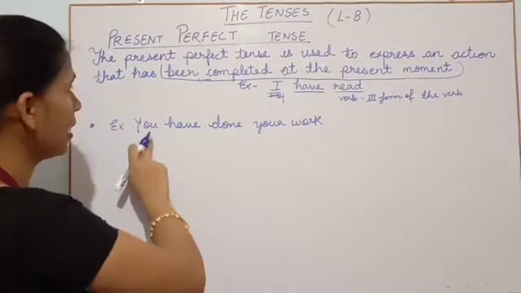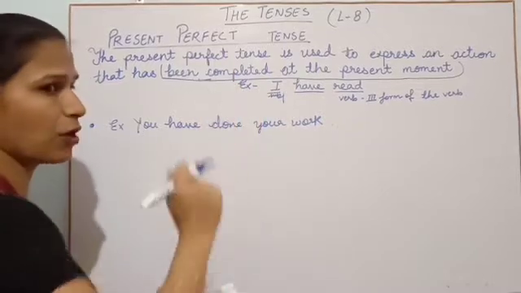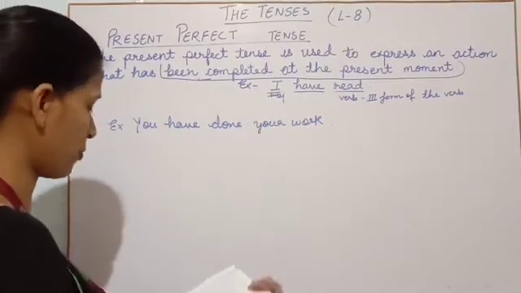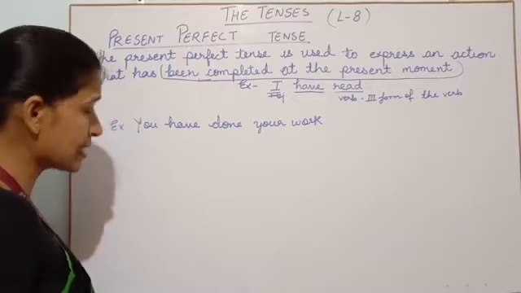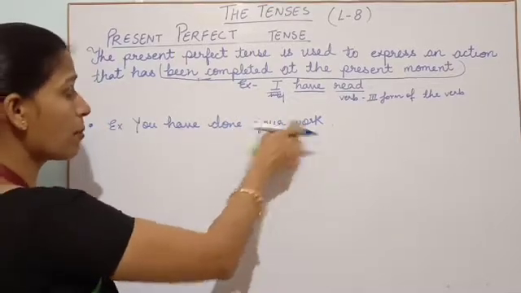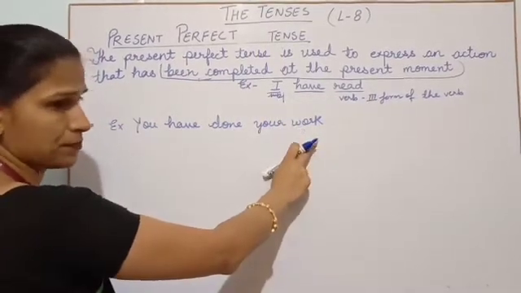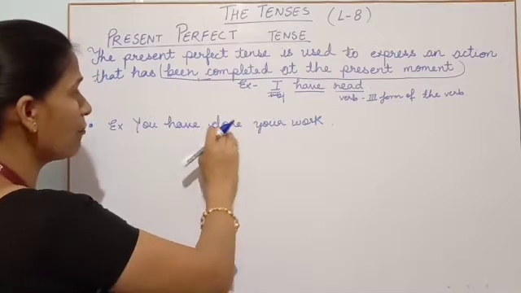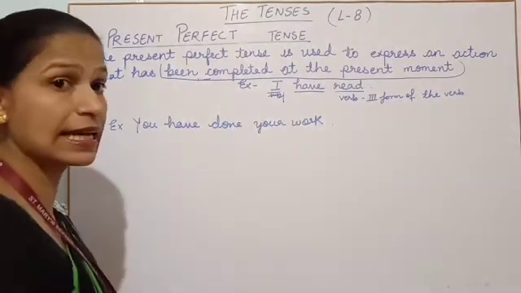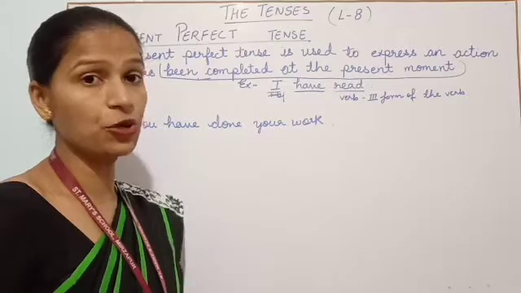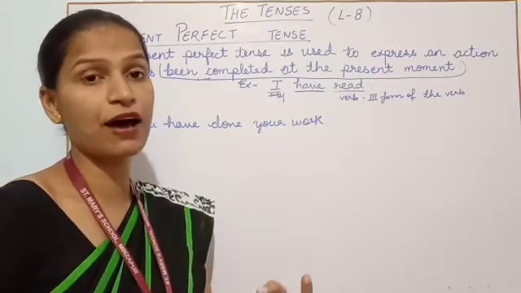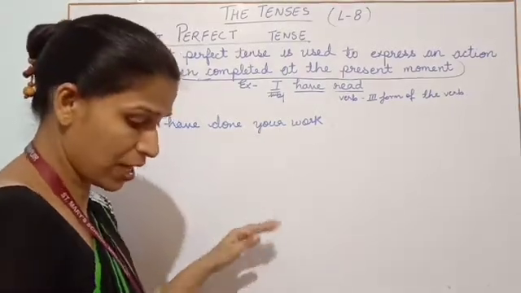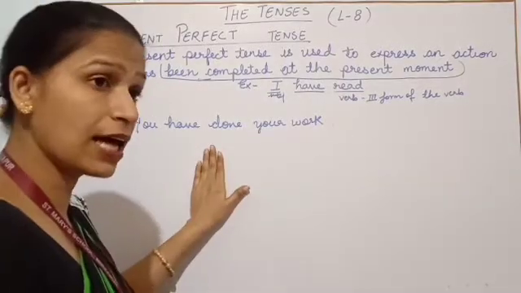See, it is according to the formula which I have explained just before this. It says you have done your work, but when have you done your work? If I say you have recently done your work, then you will get to know that I have finished my work. It can be recently done.